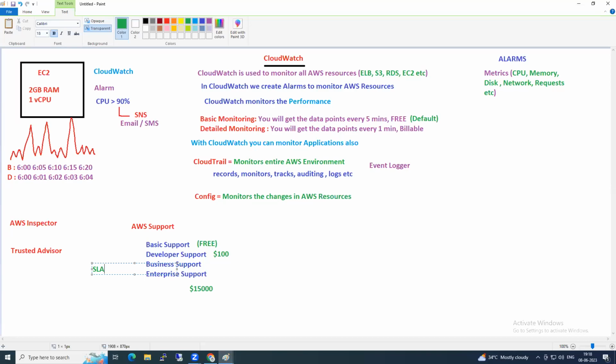Out of all these four supports, who is the VIP? The VVIP is enterprise support, right? If you have enterprise support and you ask AWS, "Babu, this is not working," they answer, "Yes, sir, present, sir," and within 15 minutes they'll resolve it. So you have a 15-minute SLA there.